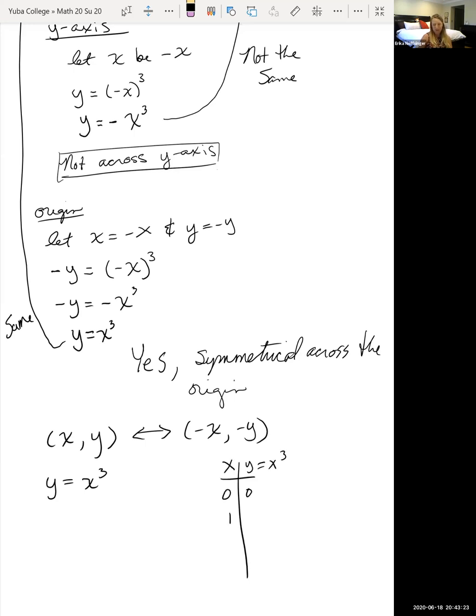If I plug in 1 and I cube 1, I get back 1. But because of symmetry, I can, without even doing the math, say negative 1, negative 1 is a point. If I plug in 2 for x and I cube it, so 2 cubed is 8. So I also know negative 2, negative 8 is also a point on my graph.